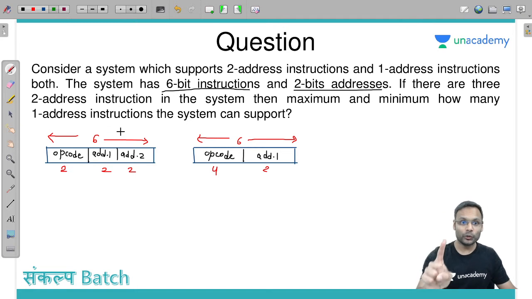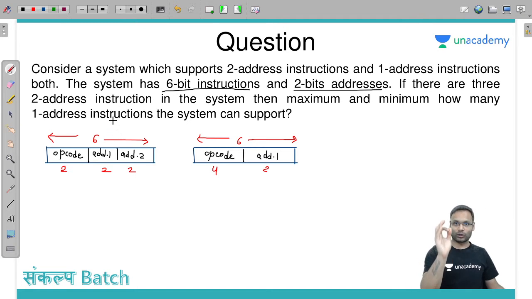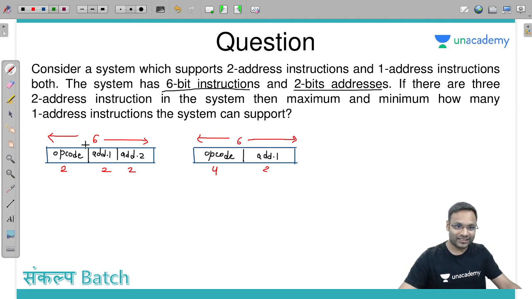Now I told you clearly you need to start solving the question with that instruction which has minimum opcode bits. Minimum opcode bits are this 2 address instruction. So we will start with this. With using 2 opcode bits, can you tell me how many maximum opcodes you can have? 2 power 2, answer is 4.